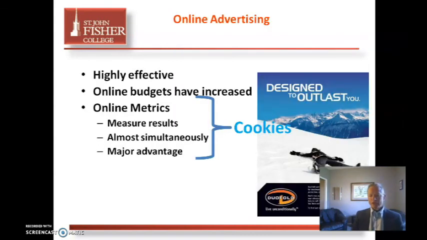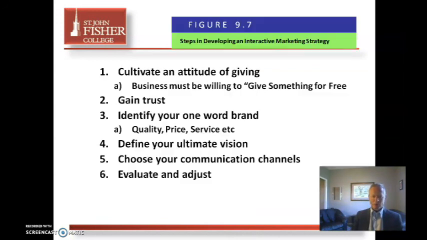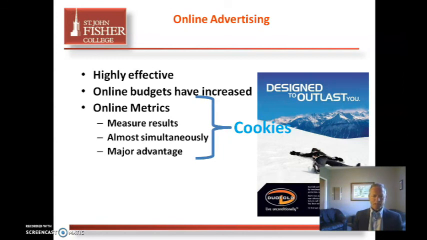Cookies are a highly effective way to understand online metrics, measure results, and understand consumer habits. Some people don't like cookies. Some people will block cookies when they go to a site. I don't particularly mind them because I don't mind people knowing what I bought, because that way if something is on special or on sale, they can send me an email.